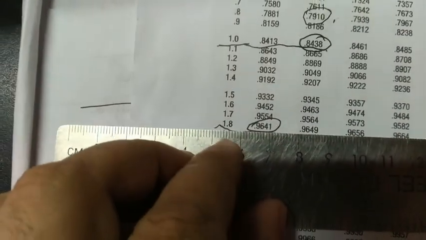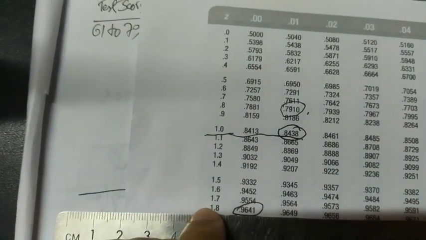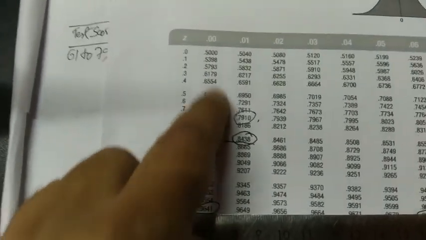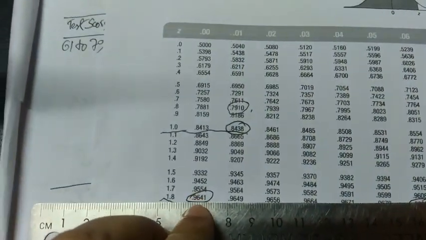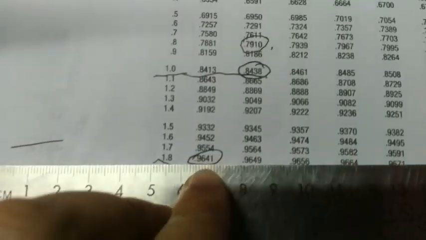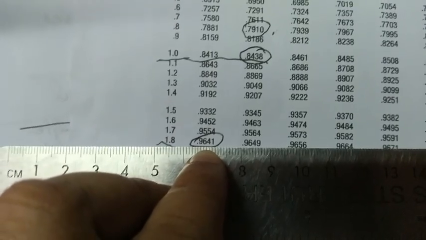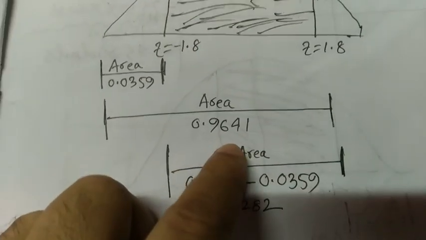This is the column for z and this is the right row for 1.8, and this is the 0 column. So the right area is 0.9641.